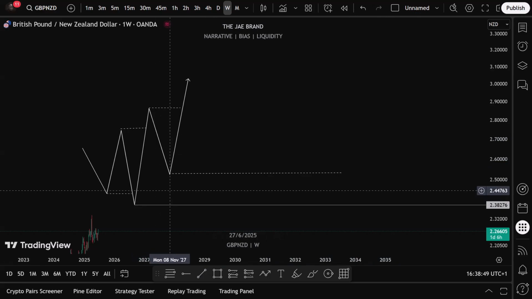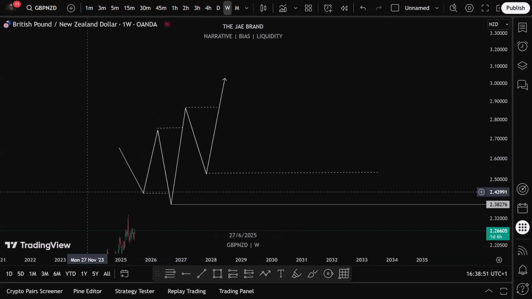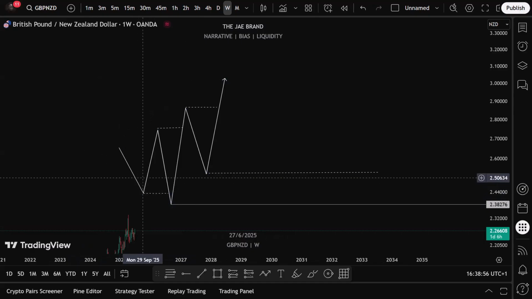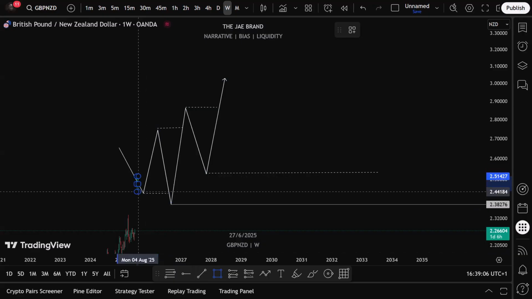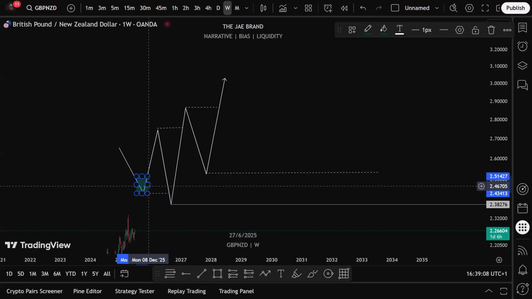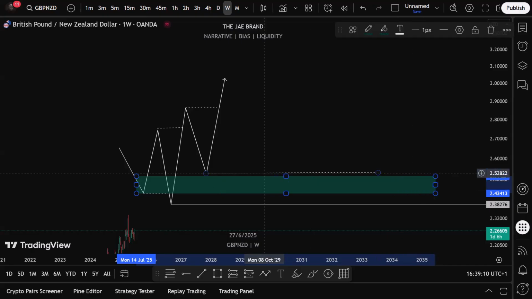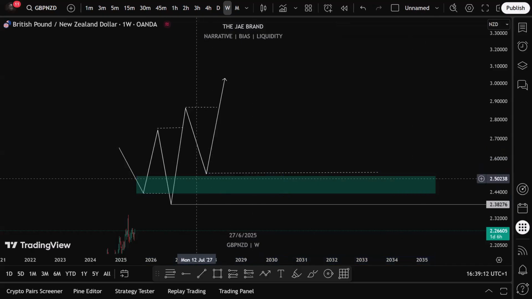Now for the QMR, the Quasimodo reversal simply means the last bearish candle that failed. It's still an order block, but it failed to hold. Okay, the last bearish candle that failed, which is usually around this area, and unmitigated by the structural liquidity. It must not be mitigated by your structural liquidity.